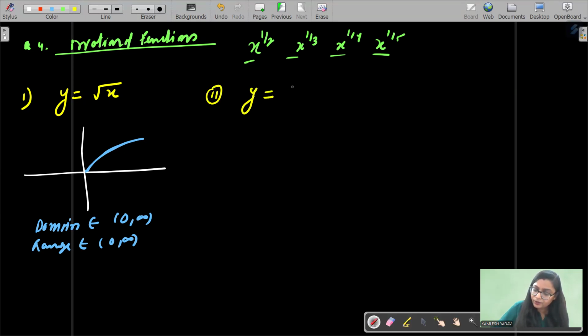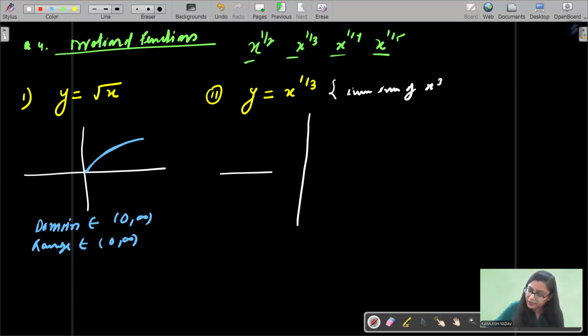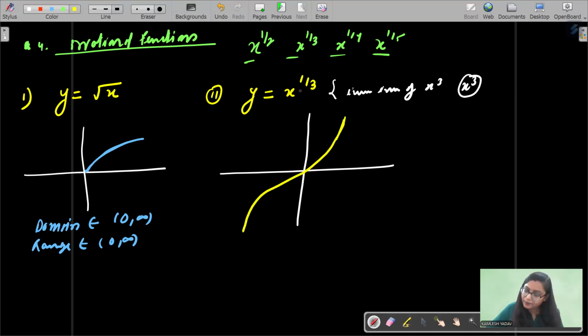Now we see another example: y equal to x to the power 1 by 3. How to draw the graph of this function? It is very simple. It is the inverse image of x cube. We know the graph of y equal to x cube, which is drawn like that. The graph of y equal to x to the power 1 by 3 is the mirror image of x cube.